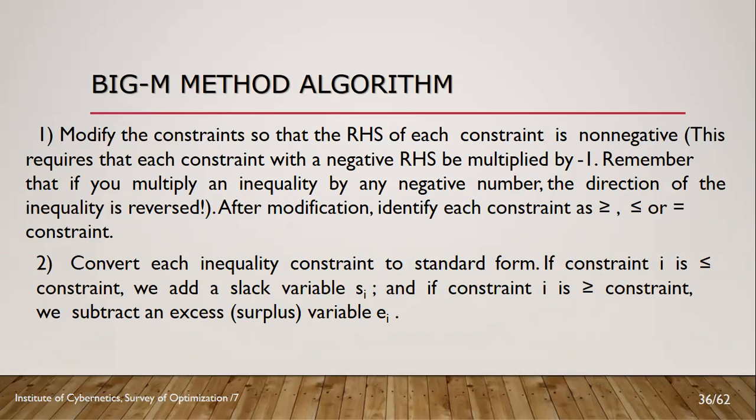Step 2, convert each inequality constraint to standard form. If constraint i is less than or equal, we add a slack variable denoted as s sub i. And if constraint i is of the greater than or equal type, we subtract an excess or surplus variable e sub i.